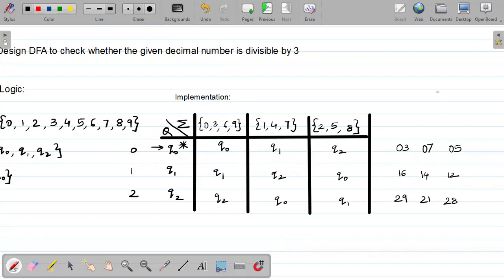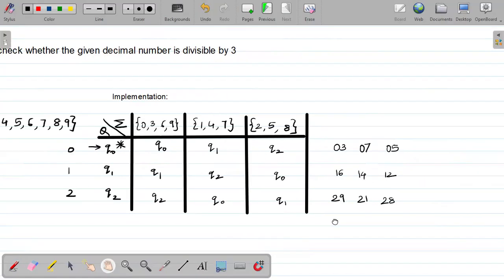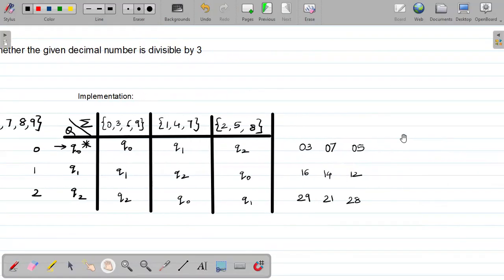Suppose we check this with an example. We have a number 152. So we have chosen 152. It's always better to check with an example. We start in Q0, and the number is 152. In Q0, when we get input as 1, where do we go? In the second column, we can check, we go to Q1.